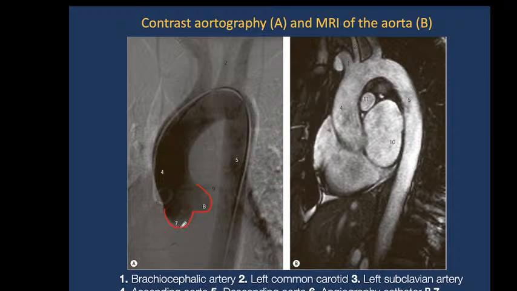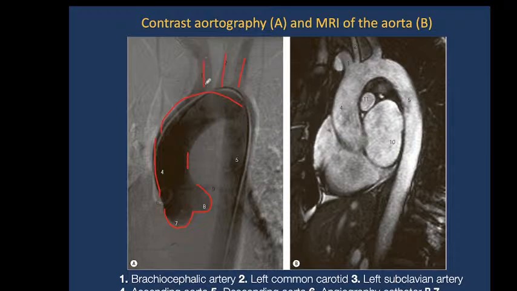Here is anterior and left posterior cusps. Here you see the ascending aorta, aortic arch with the three large vessels, number 1, 2, and 3.